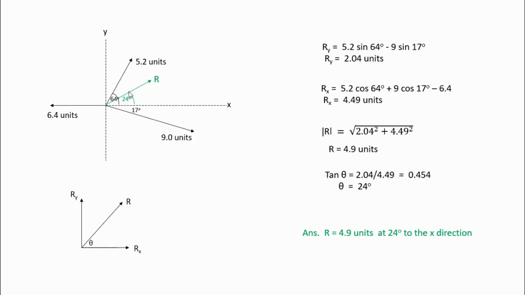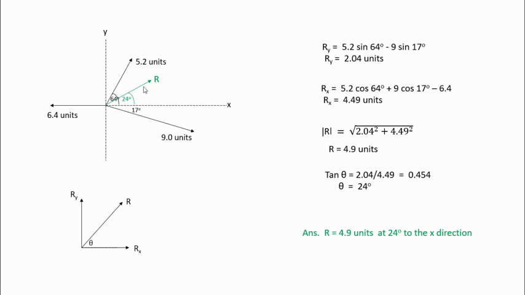We could specify that angle. Or what if you wanted to find the angle that R, the resultant, makes with the 9 units vector? It makes 24 with x, and the 9 unit also makes 17 with x. So you would add those two angles to get the angle between R and the 9 units. 24 plus 17, 41 degrees.